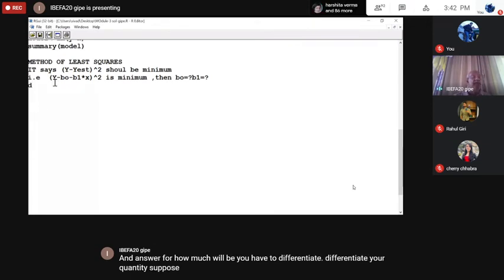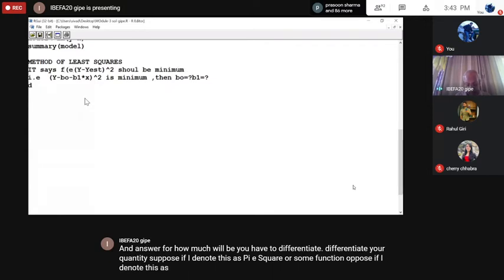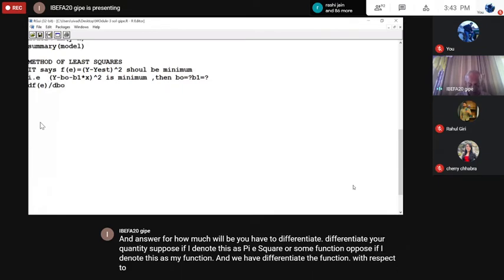Suppose I denote this as the sum of e square, or some function, and differentiate the function with respect to beta naught equal to 0, and differentiate the function with respect to beta 1 equal to 0.